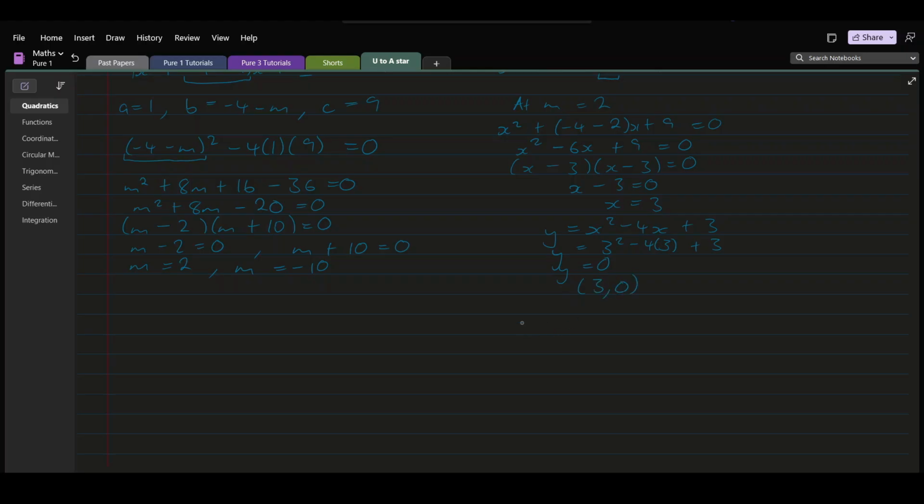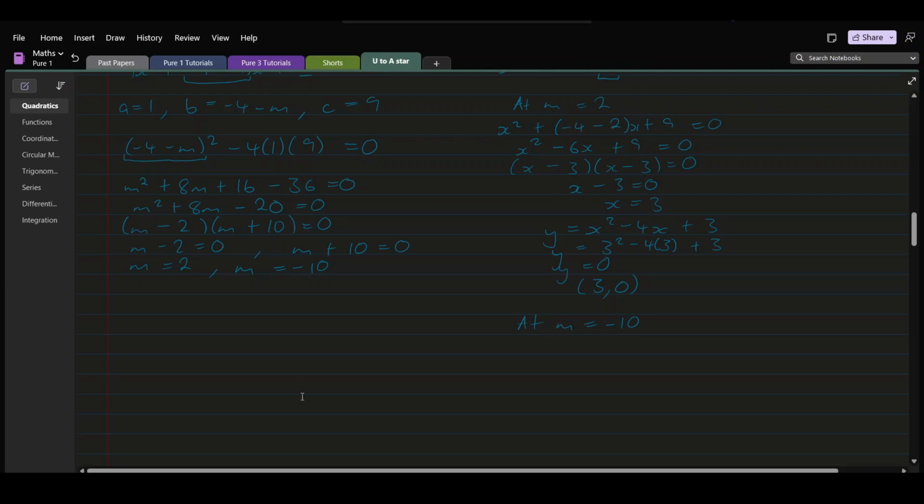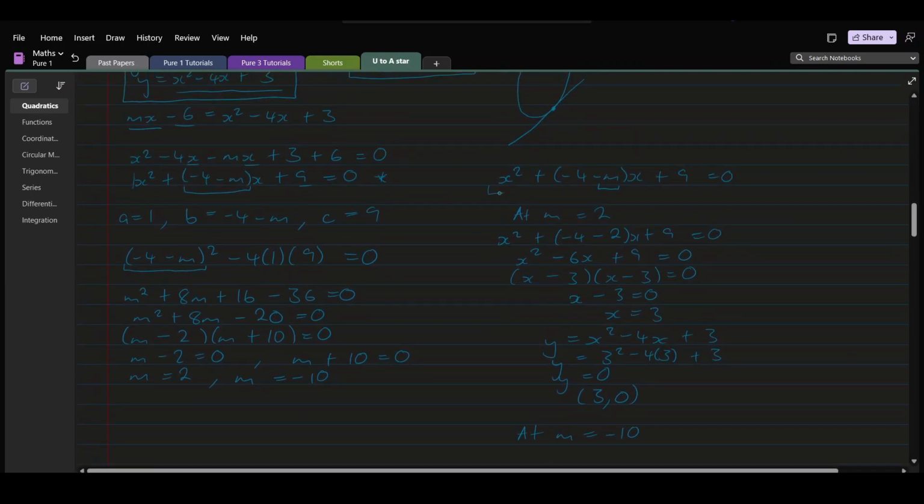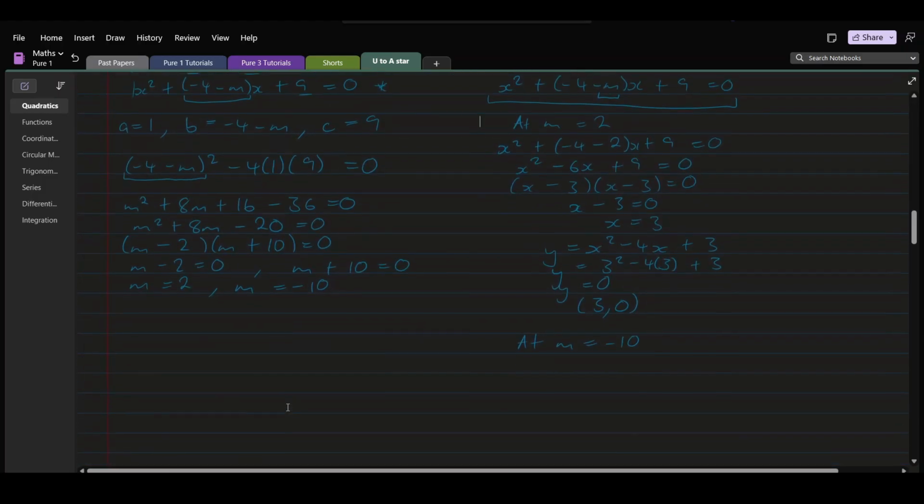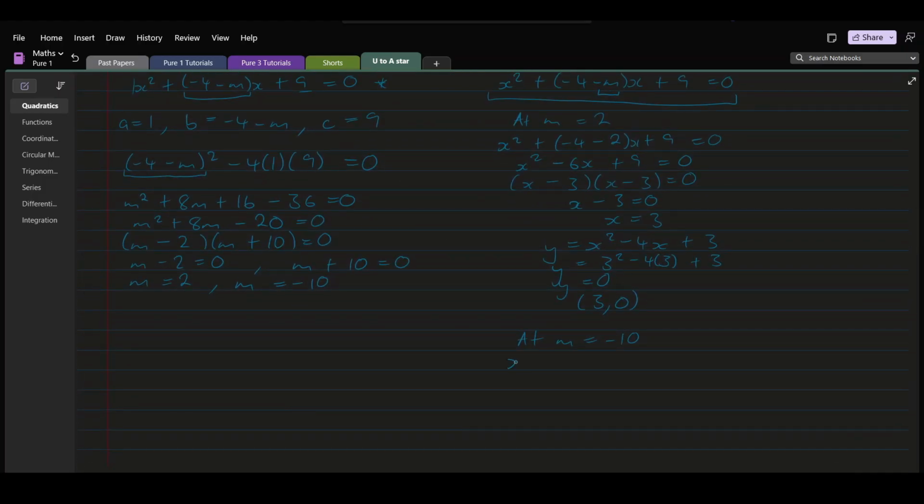Now let's evaluate at m is equal to negative 10. So again, we're using the same quadratic that we have over here. x squared plus negative 4 negative mx plus 9. So x squared plus negative 4 negative m.